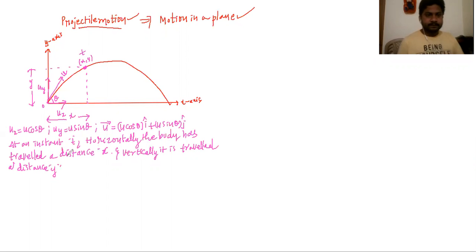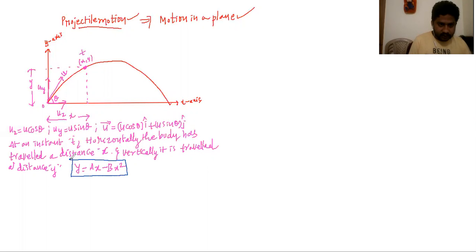No confusion. Now from this concept only, we have proved the equation of a projectile: y is equal to ax minus bx square. So what is this? y is equal to ax minus bx square, right? So this is the equation of the projectile we have got.